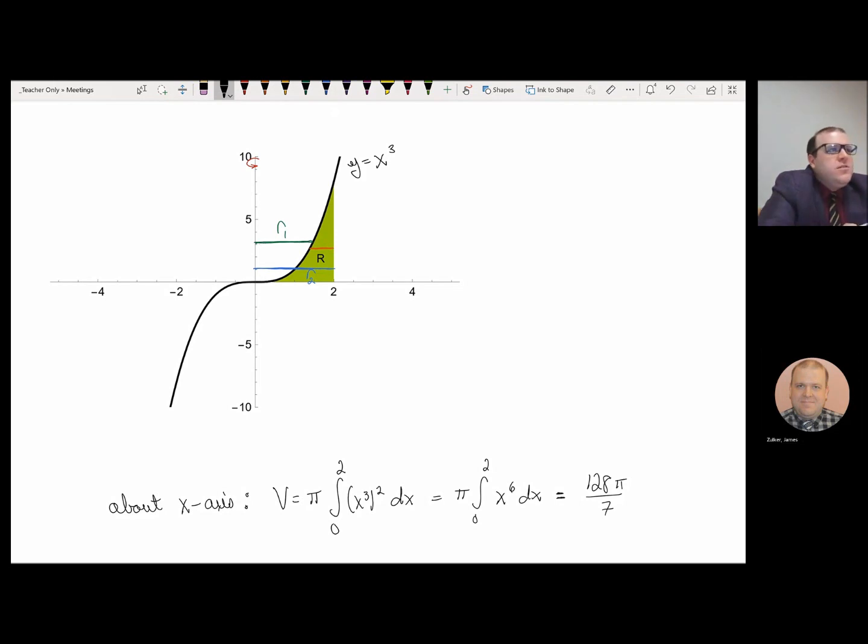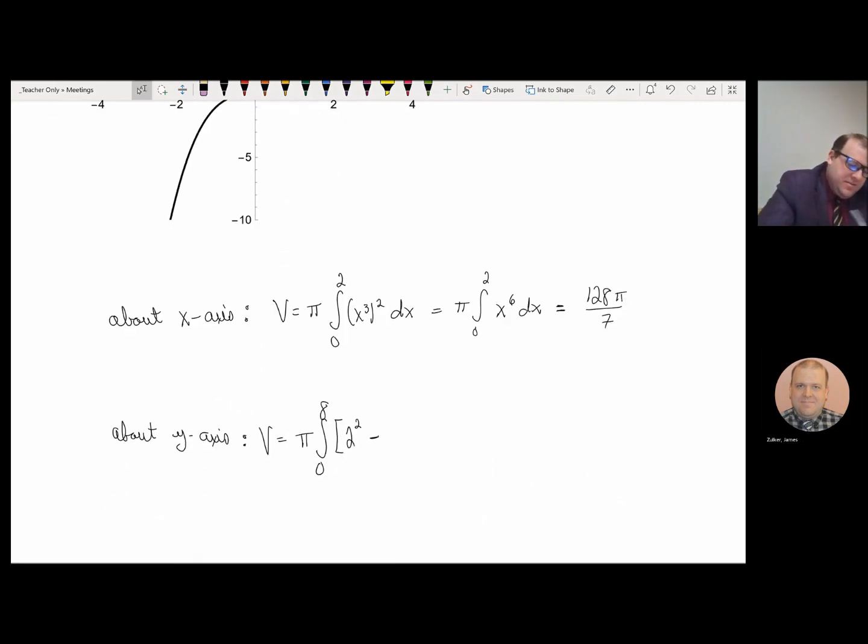What is this distance? Cube root of y. dy.